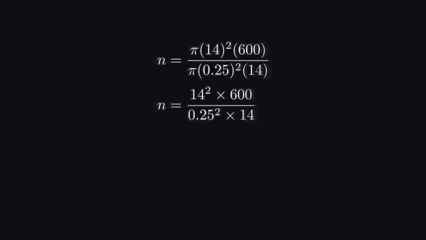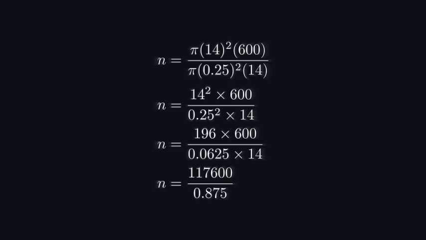Substitute the known values. N equals 14 squared times 600 over 0.25 squared times 14. N equals 196 times 600 over 0.0625 times 14. N equals 117,600 over 0.875.